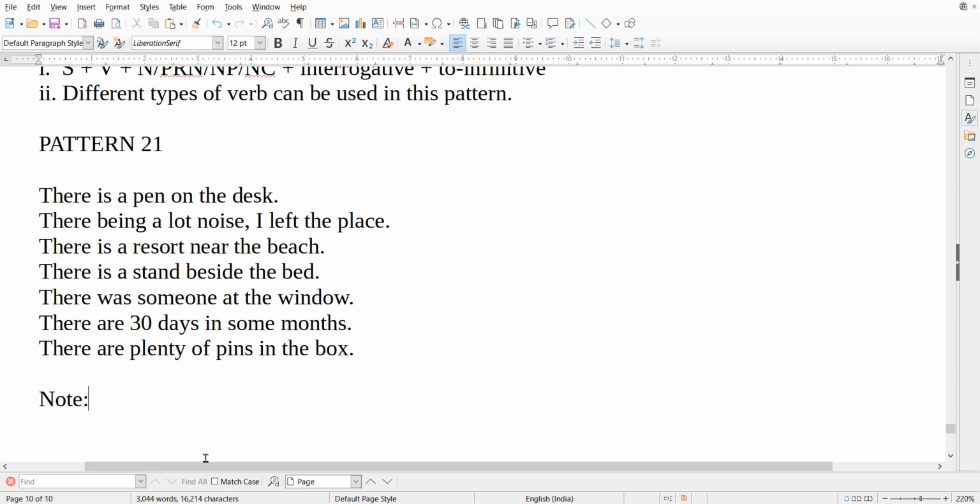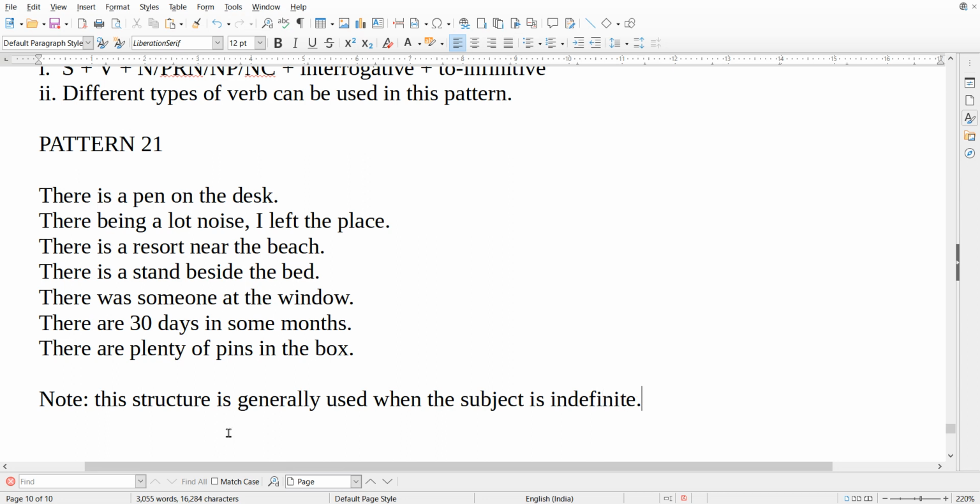Note, this structure is generally used when the subject is indefinite. So mind the word generally, okay? Not necessarily always.